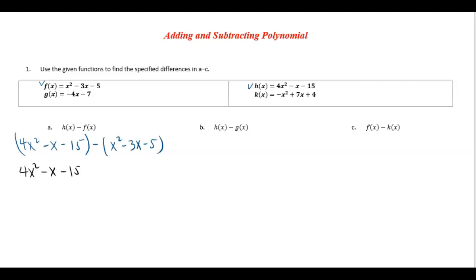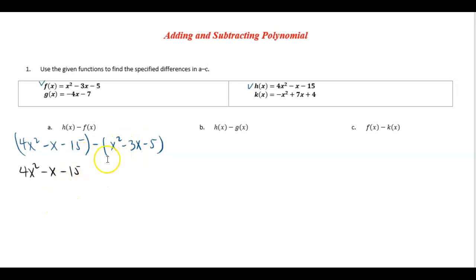Now, remember when we're doing the addition, the plus sign has no effect on the second polynomial because the plus sign is pretty much neutral. But this is different for the negative sign. When you're doing subtraction, that negative sign is going to change everything inside the parentheses.